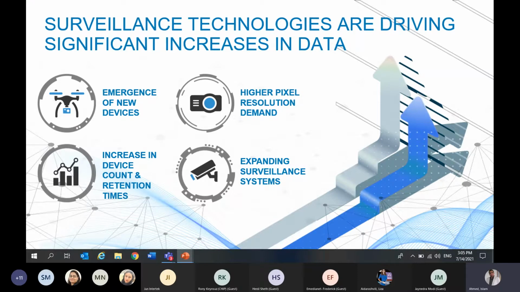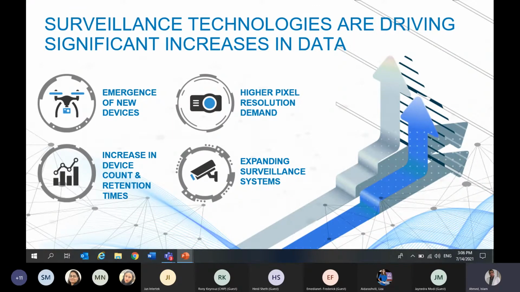The second trend that also leads to a significant increase in data is the existence of 4K and multi-megapixel resolution. That is all on the rise due to the new demands on video quality. Earlier we talked about 2CIF, 4CIF, even maximum 720p.